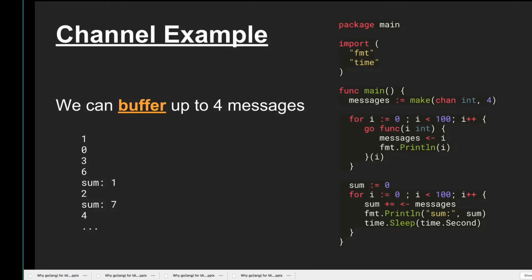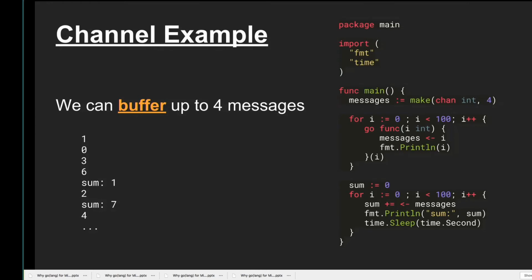And then we've got 100 goroutines that all attempt to write to the messages channel at the same time. We've scheduled them at the same time. And here in our main loop, we are reading from this channel and then sleeping for a second. So we have one consumer and 100 goroutines trying to write into this channel.